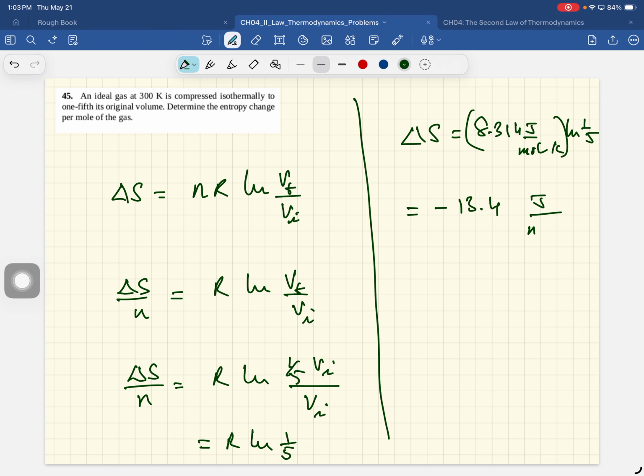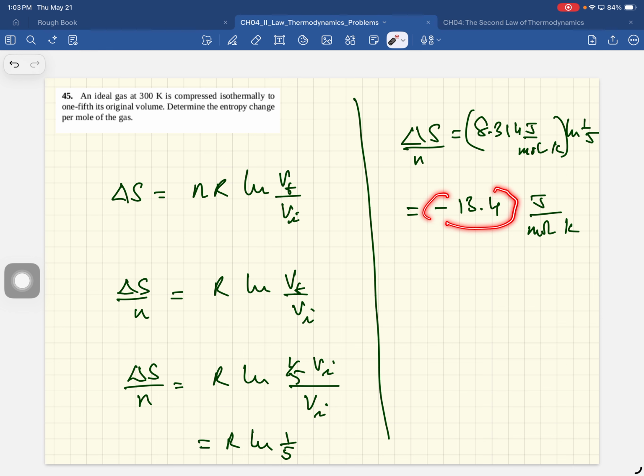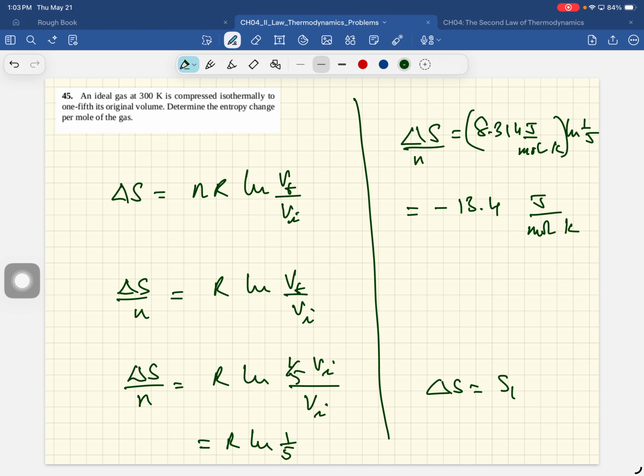So delta S is, so the change in entropy is that. And of course, when 10 grams of water turns to steam, you would increase the entropy of that water by that much.